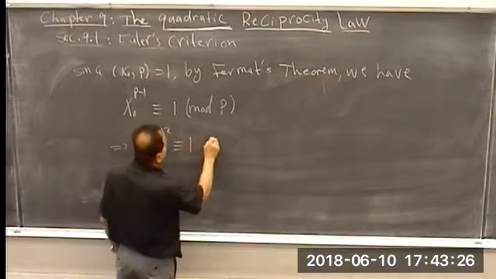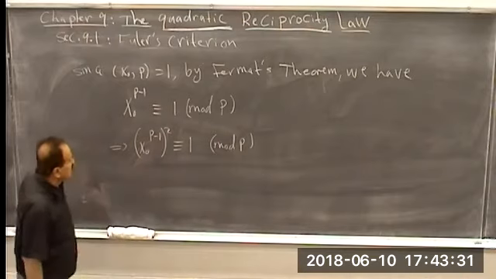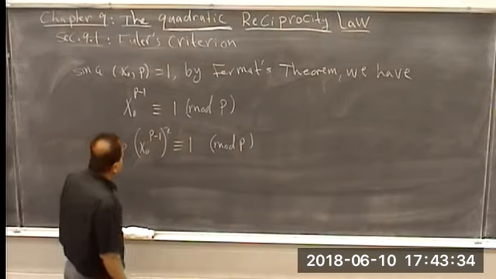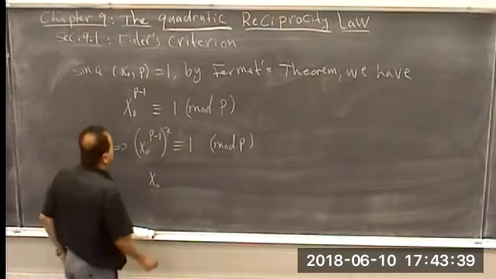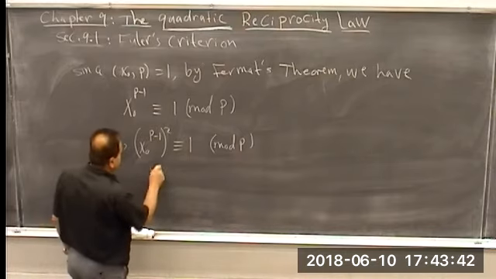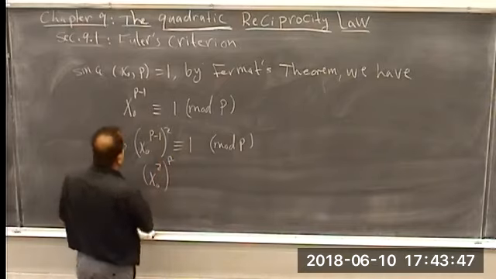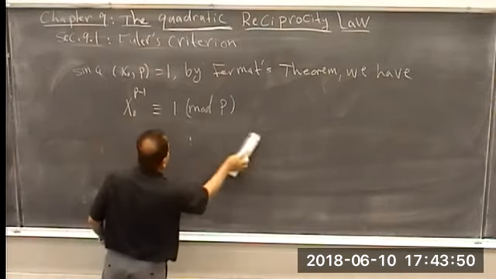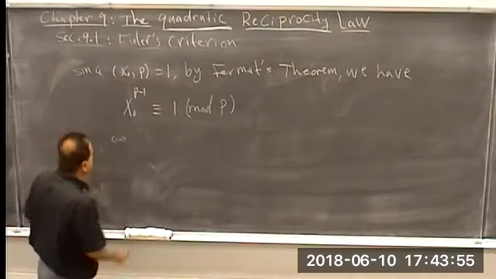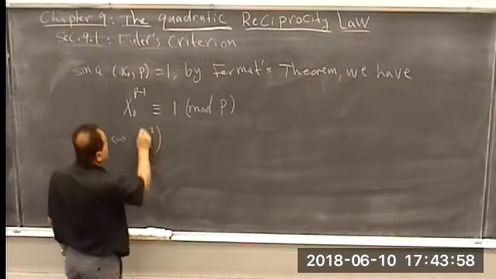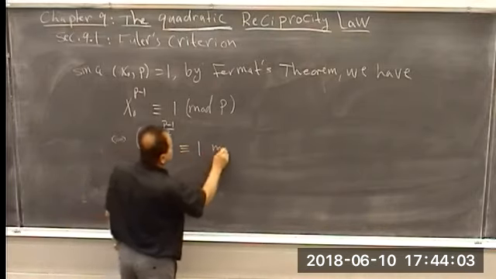Actually, let me go back to what I said before. No, let me rewrite this. This is equivalent to saying x sub 0 squared to the power P minus 1 over 2 is congruent to 1 mod P.